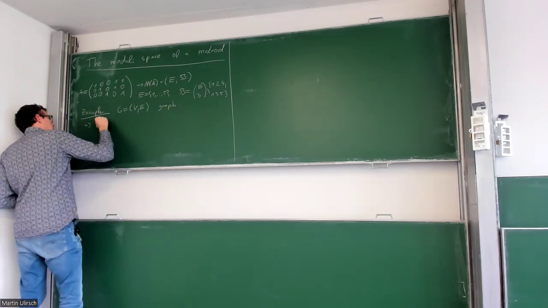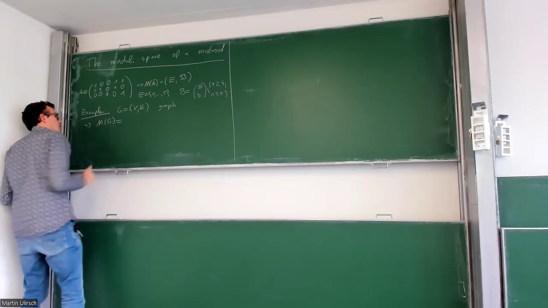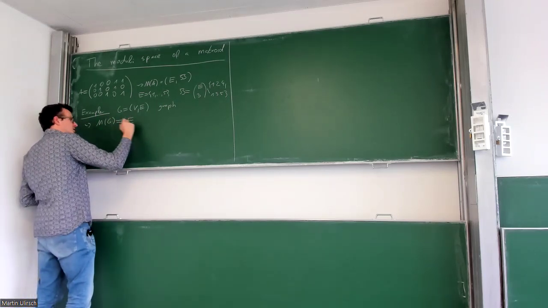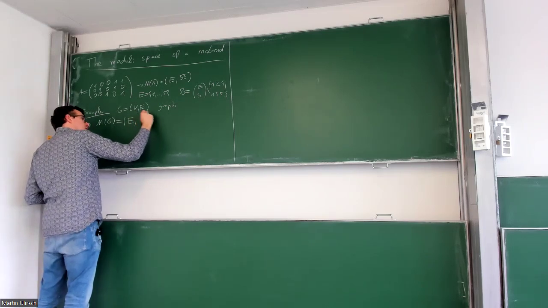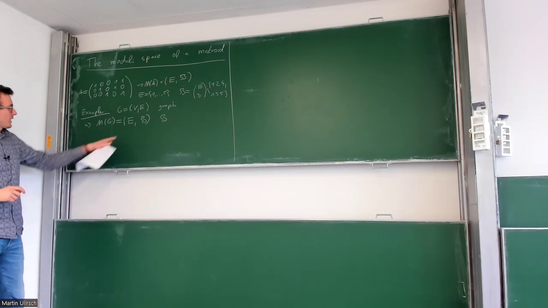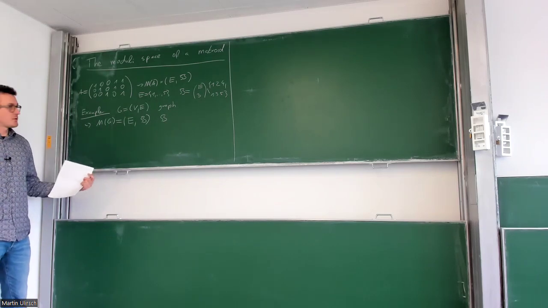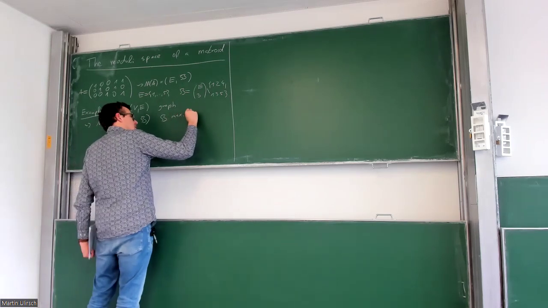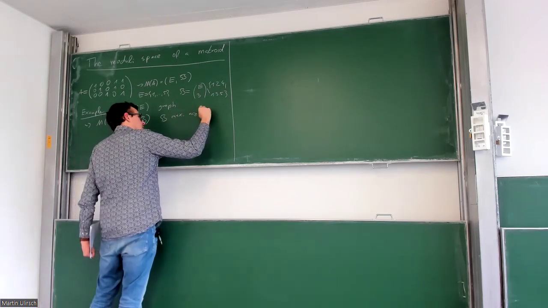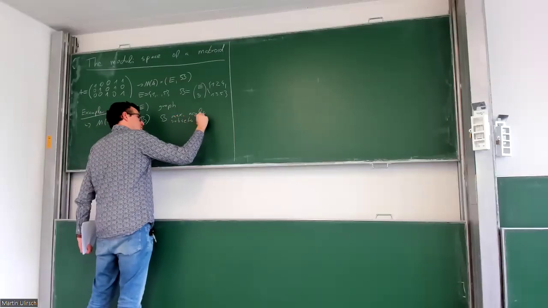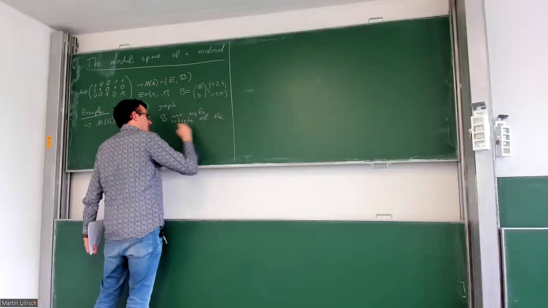We get a so-called graphic matroid, which is M of G, where the ground set is the set of edges and the bases are the maximal acyclic subsets of the edges, meaning the maximal subsets of the edges which do not contain a cycle.